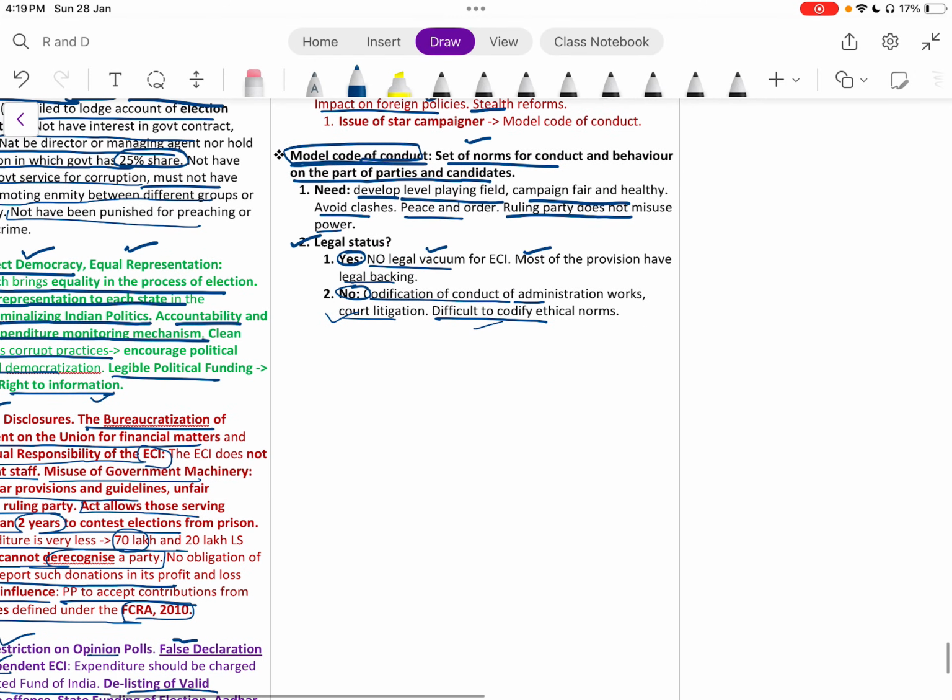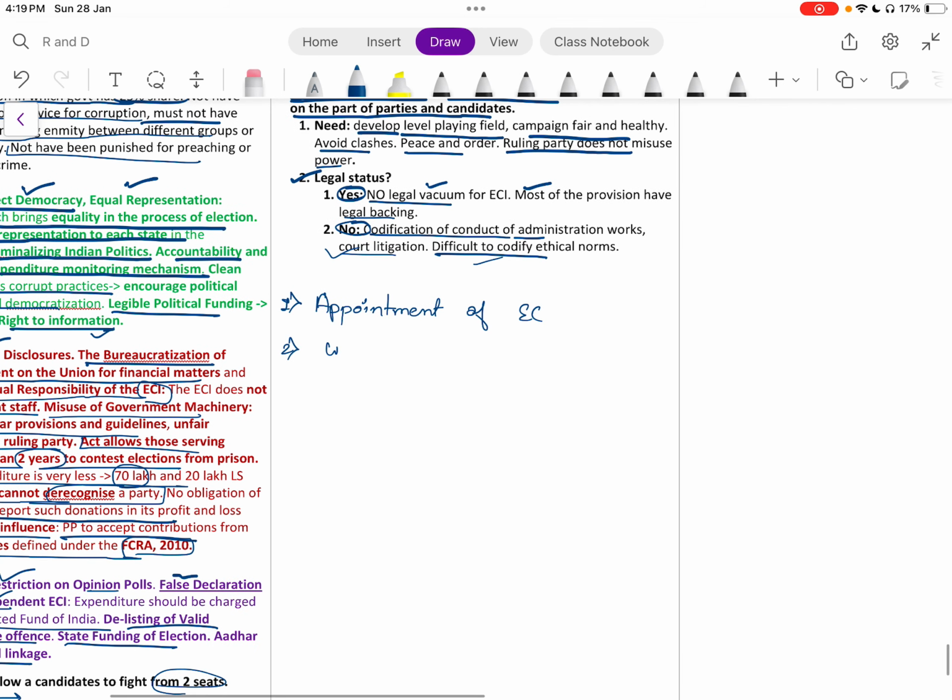We need to also discuss various issues of current nature. Such as, first is the appointment provisions of Election Commission of India. Second is the Women Reservation Bill.